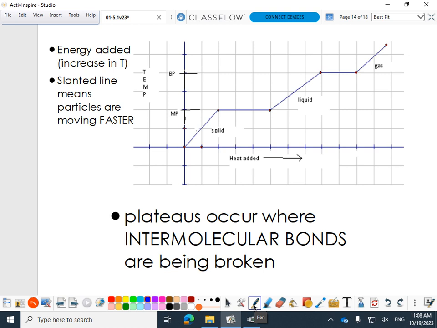Those are the two formulas we're going to do first. So the slanted line means particles are moving faster. Therefore, you would have a delta T value. And where the plateaus are occurring means that the energy is being used to actually break the intermolecular forces.